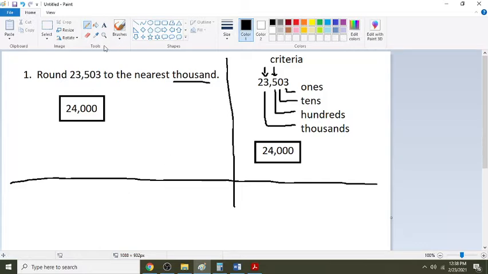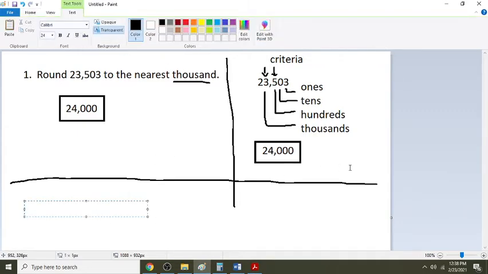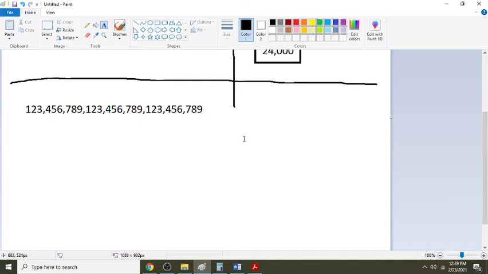Alright, so let's review your place values. Let's put on a larger number. Okay, one more round.